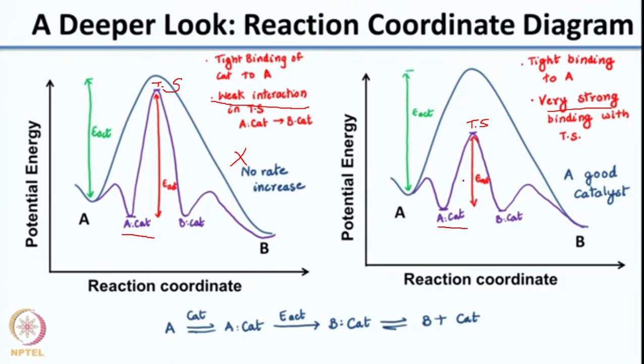You can see the activation energy here is much lower than the first case, the green one, which is without catalyst. So in that case this is a good catalyst for the reaction, increasing the rate of reaction, correct? I hope all of you are clear here.